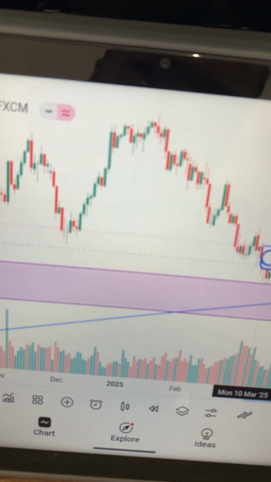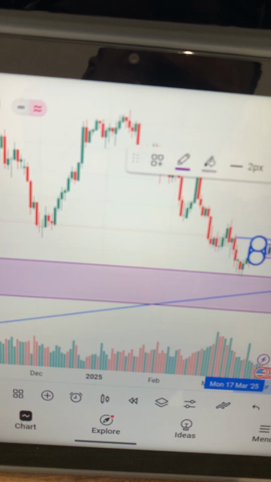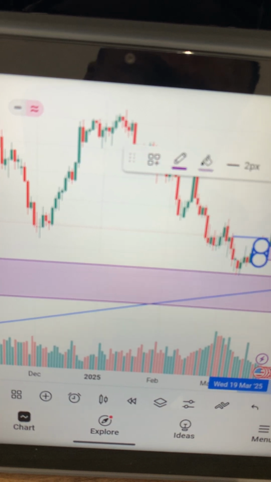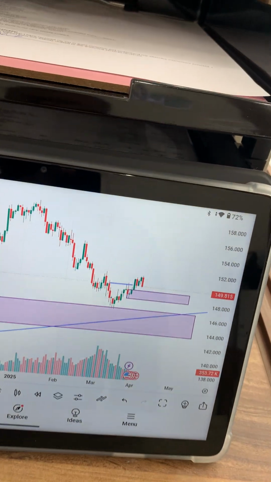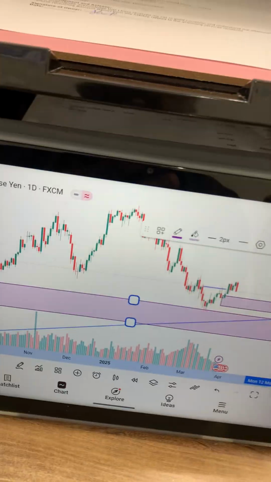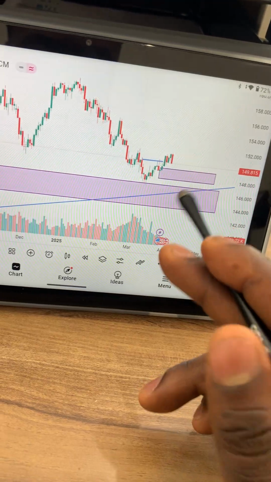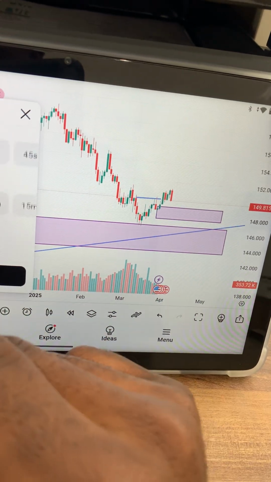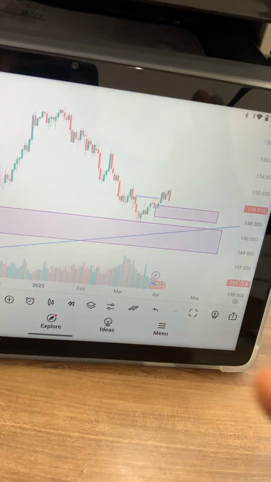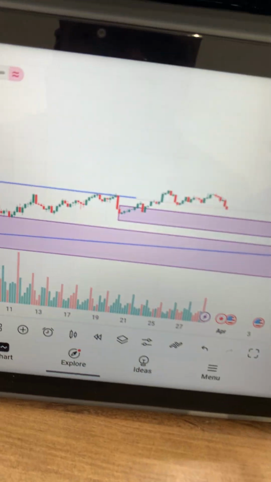So we have this 4-hour demand zone here. Now what you have to do is go down to your 4 hours to have more info about what the market is doing.